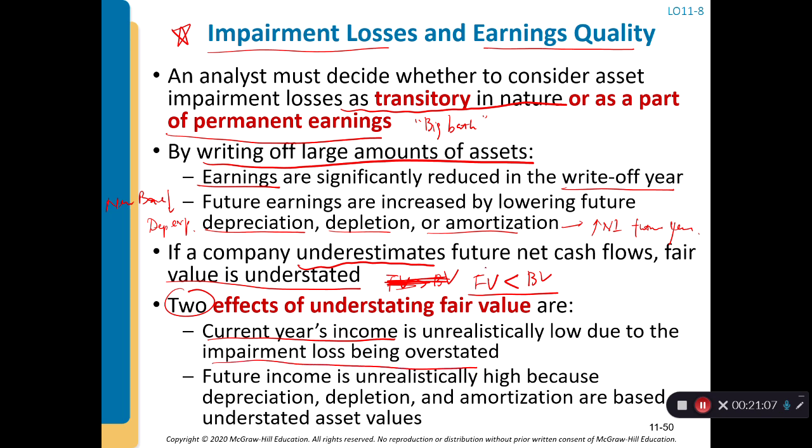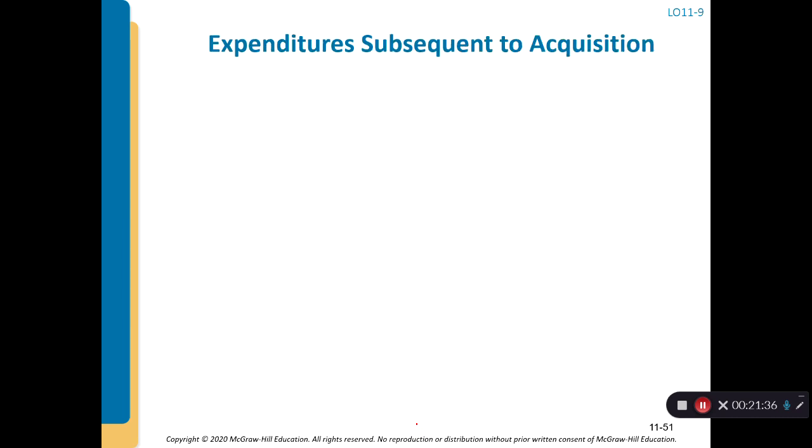Because you always underestimate the future value, you always fail the recovery test, and hence you write down a lot. In the write-down year you have a very low income. But the future income is unrealistically high because the base is too low, so depreciation, depletion, and amortization will be understated for the future periods as well.